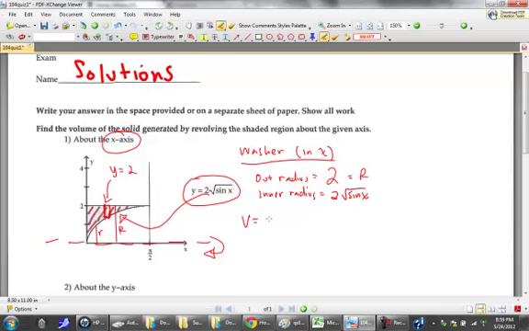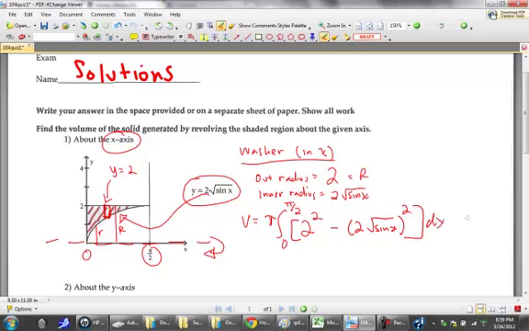For a washer, the volume is pi times the integral. This thing moves from x equals 0 to x equals pi over 2. And we'll be squaring the outer radius, squaring the inner radius, subtracting.